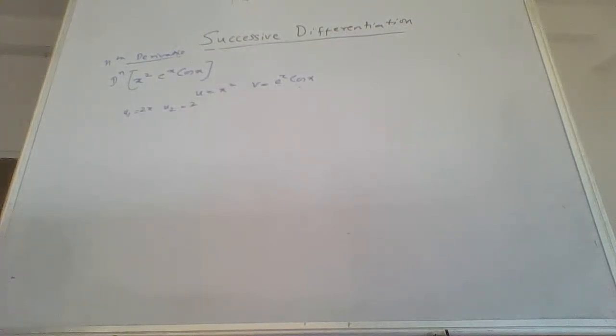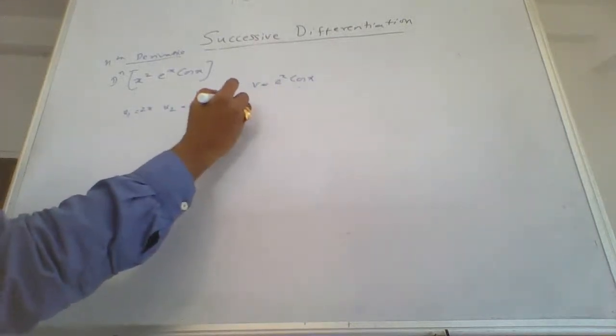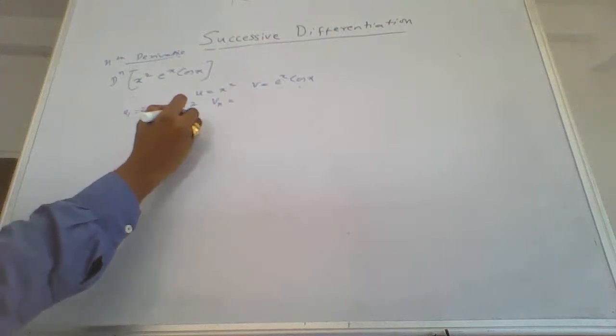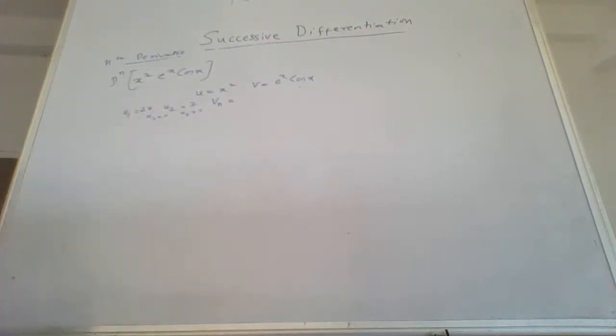Fine. Now we know u3 and u4 will be 0. Now let us find vn here.